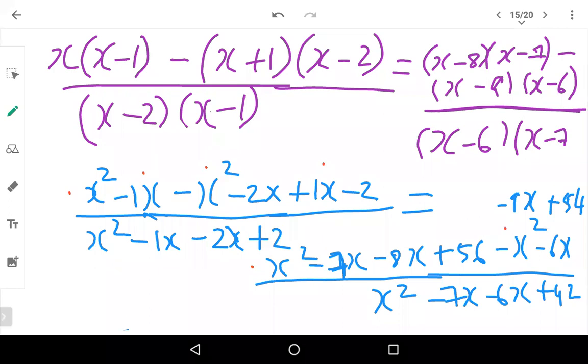First let us do so much. Plus x square minus x square is cancelled. Are you all able to follow? One is plus x square, one is minus x square. I have cancelled it. Then minus 1x plus 1x I have cancelled.